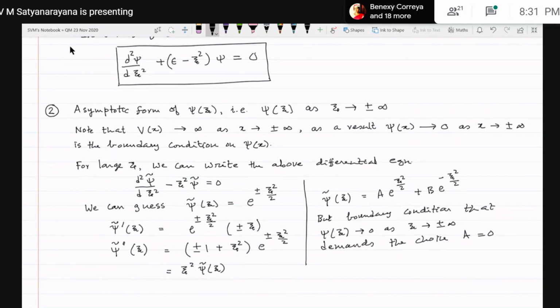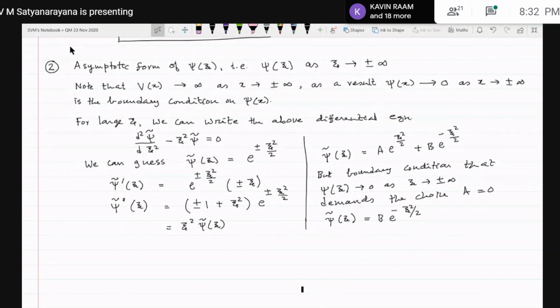So it cannot diverge. So I should take a to be equal to 0. So my psi tilde of xi is equal to some constant into e to the power minus xi square by 2.